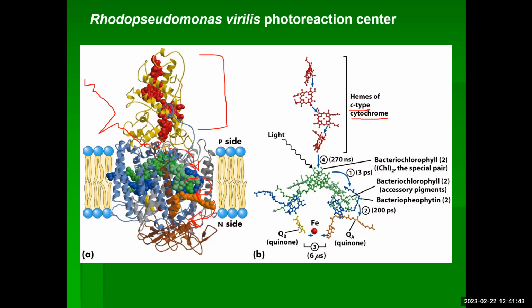The oxidized bacteria chlorophyll is going to receive electrons here, and those electrons will come through here and will re-reduce the bacteria chlorophyll. Because bacteria chlorophyll, once it gives up those electrons, it becomes positively charged, doesn't it? The electrons that come in to save the day, they come from the hemes.